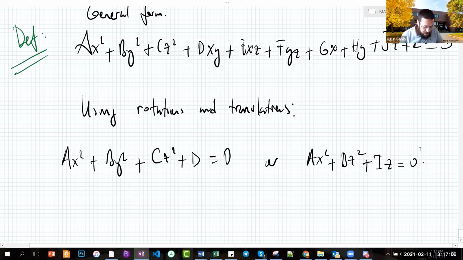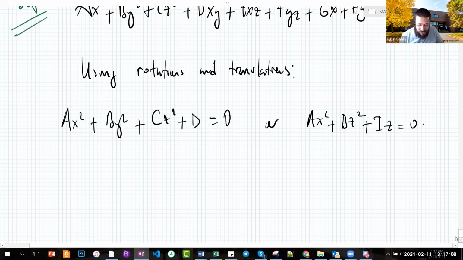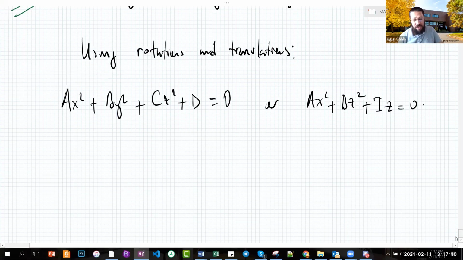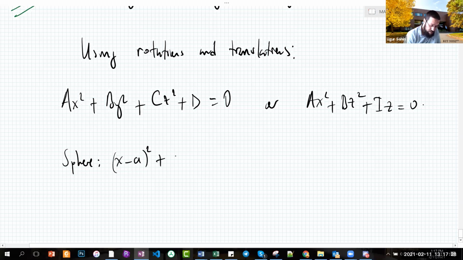All right. So what types of shapes are we going to see today? If you remember, we already saw the spheres. Spheres have this type of equation I showed you before.